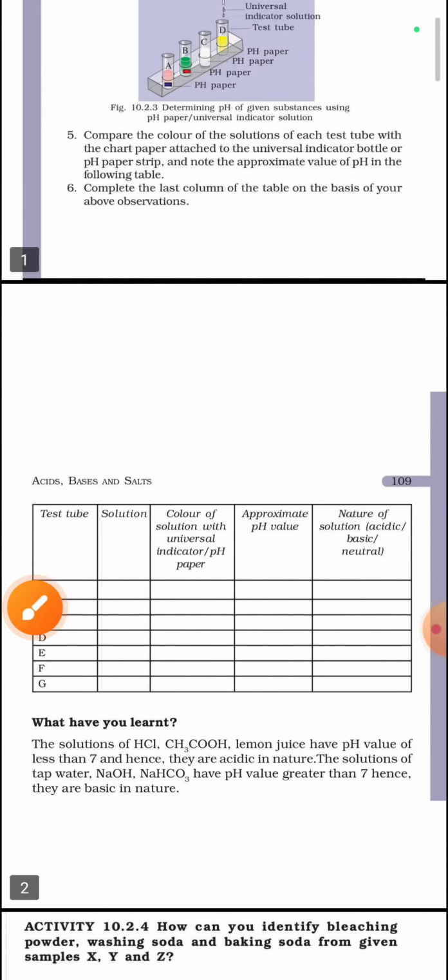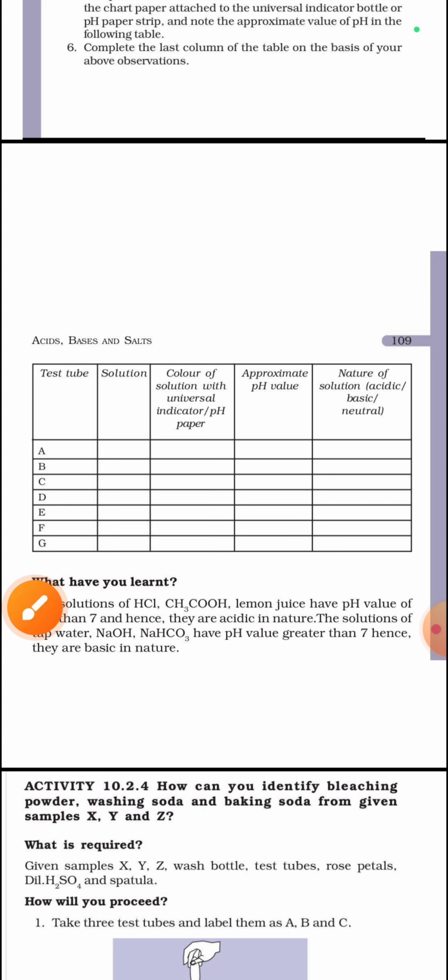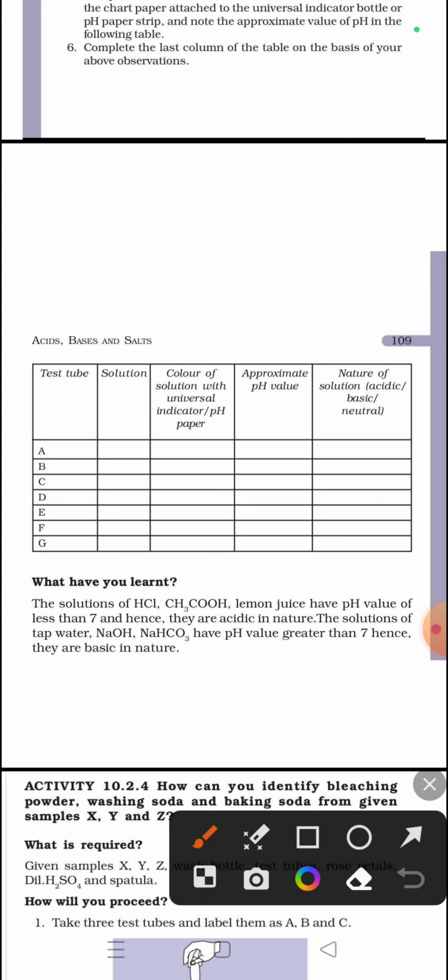And note down the pH of different substances here in this table: color of solution with universal indicator, approximate pH, and nature of the solution, that is acidic, basic or neutral.